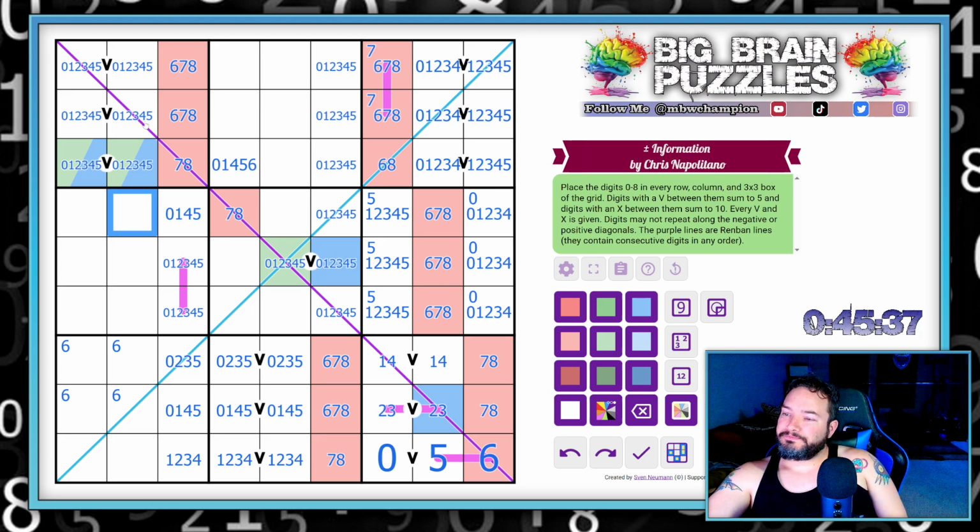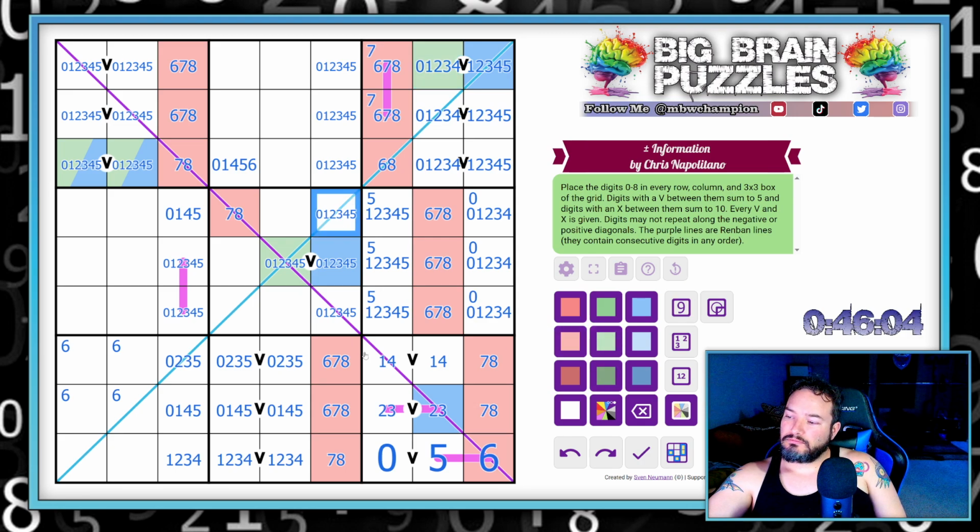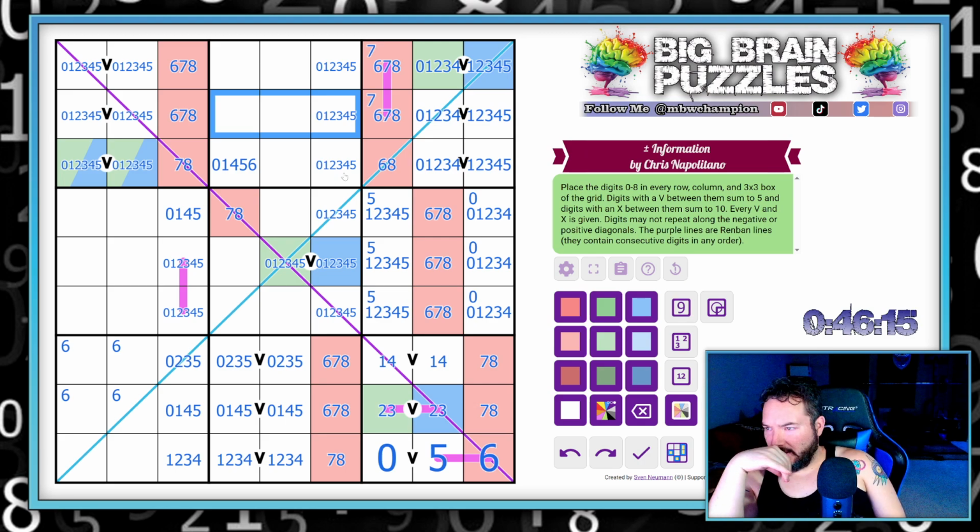Okay, so if that's the case, this blue one can't go here, can't go there. So it's one of these. Can't be this one because then that would make that green. So it would have to be this one, making this green. It would have to land here.